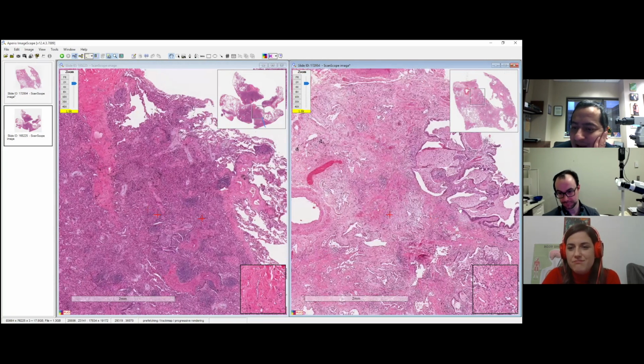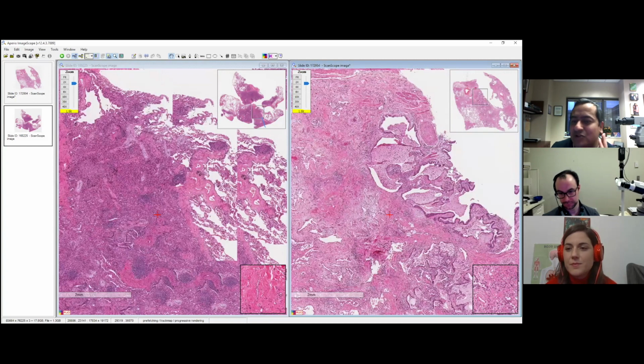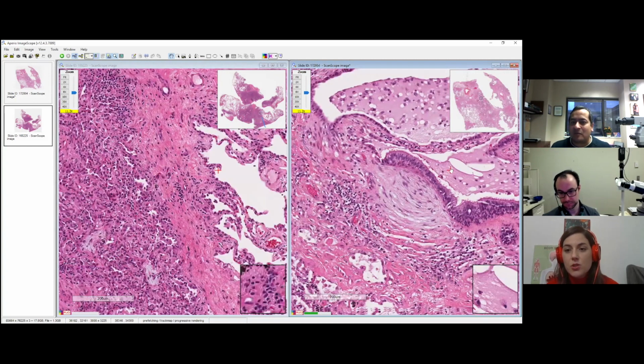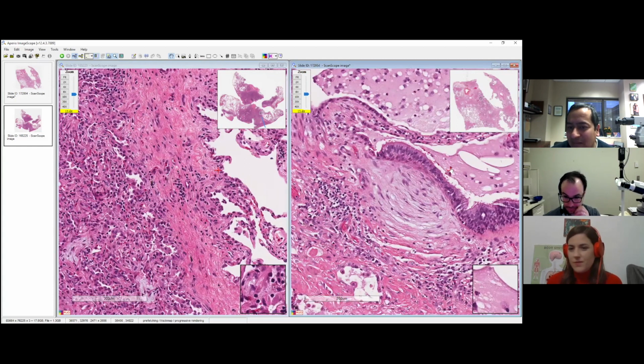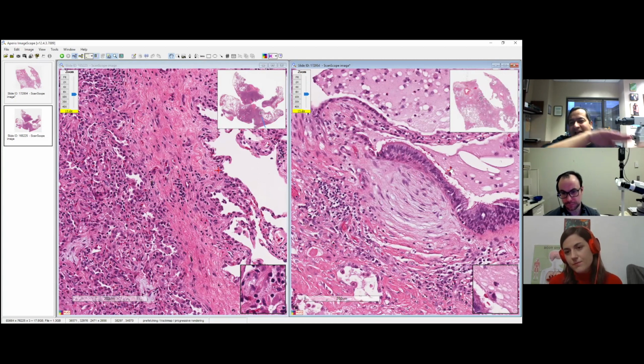Let me show you a more classic one. Maybe I didn't show the best one, Irene, on the fibroblast foci. So if you saw one like this, that wouldn't be a problem, right? No problem. Yes. I think sometimes it's so easy to tell because there's a layer of epithelial cells over it, and then there's mucin in the air spaces, so you know exactly where the interstitium and the air spaces are.